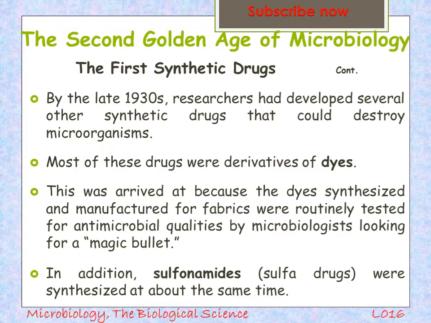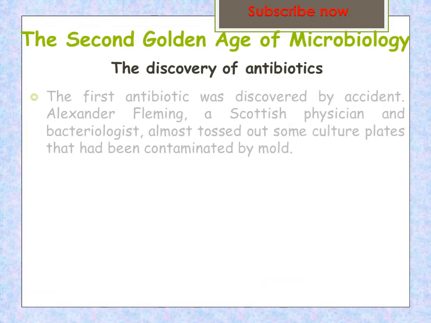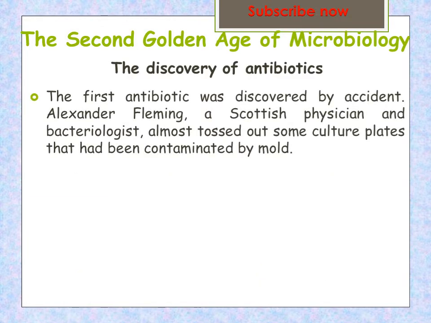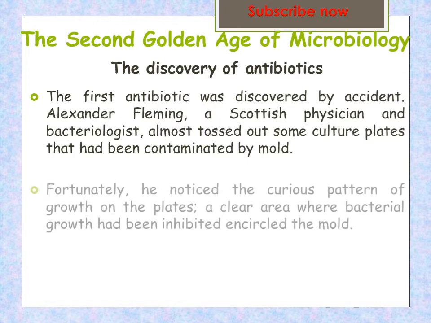The first antibiotic was discovered by accident. Alexander Fleming, a Scottish physician and bacteriologist, almost tossed out some culture plates that had been contaminated by molds. Fortunately, he noticed the curious pattern of growth on the plates, a clear area where bacterial growth had been inhibited and circumscribed by molds.